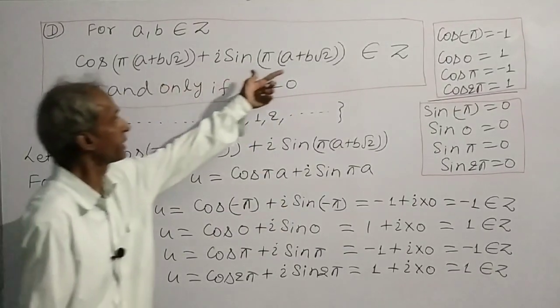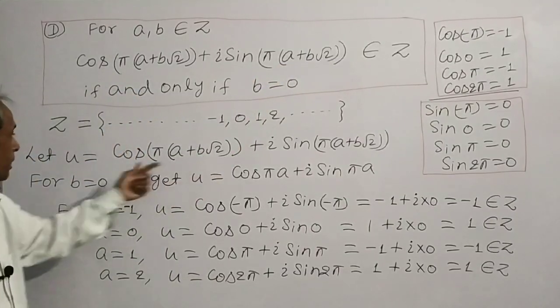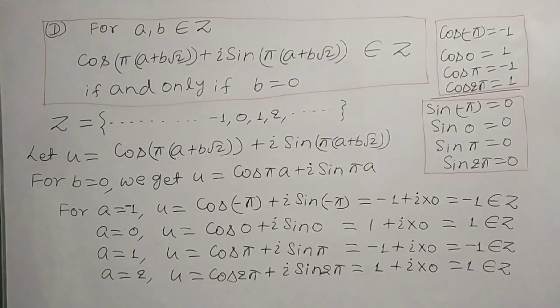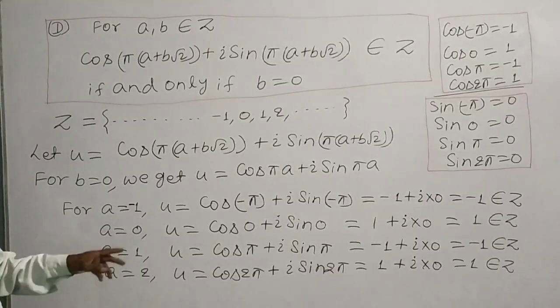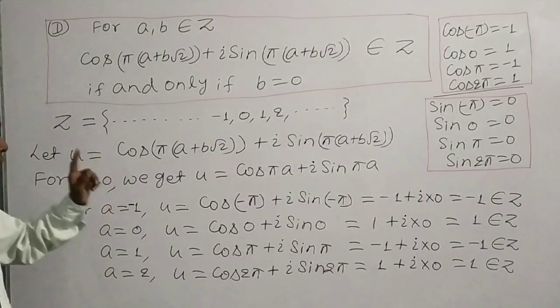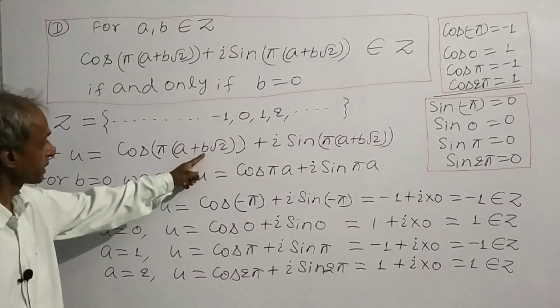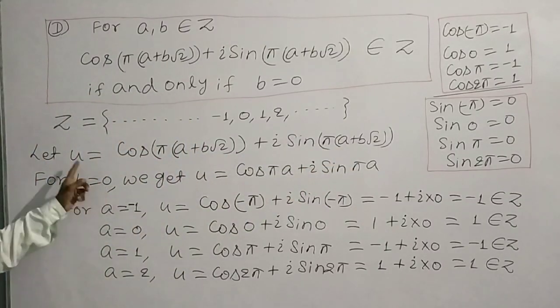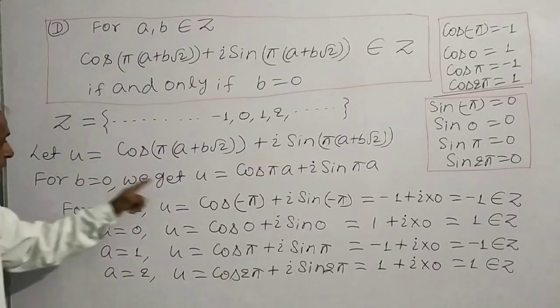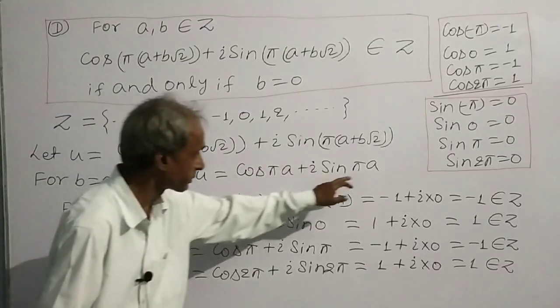We suppose this complex number as u, and when we put 0 in place of this b, then this complex number u becomes this.